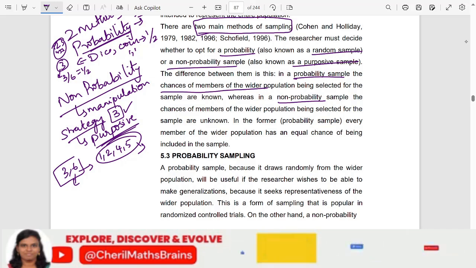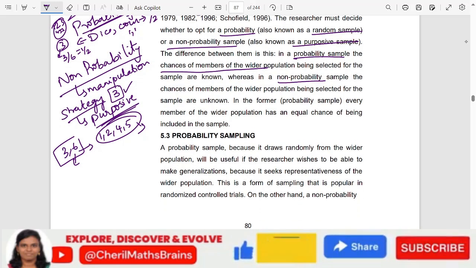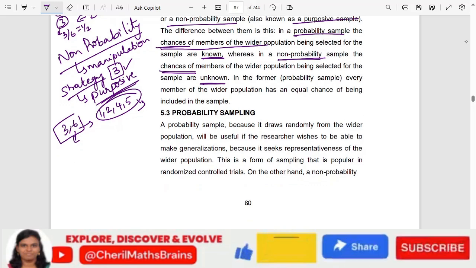For probability, everybody has equal chances, and the chances are known. The chance of getting a 3 is 3 by 6, that is 1 by 2. Everybody knows, because that is random. In non-probability, it cannot be known because we follow some kind of strategy.